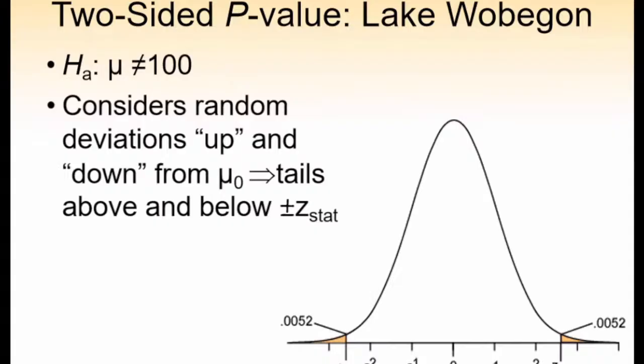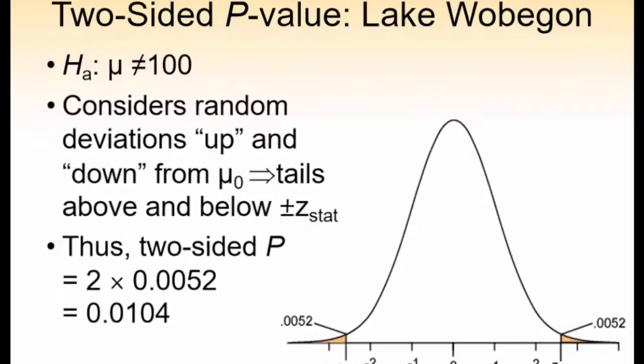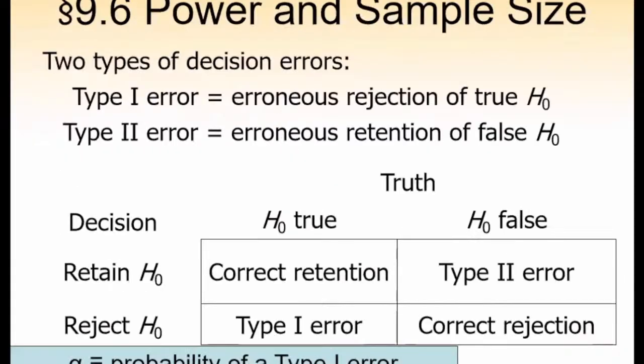Now we go to the false. There's a null hypothesis. It is false, but you have retained it. That is the quarter, that section there. You see type 2 error.